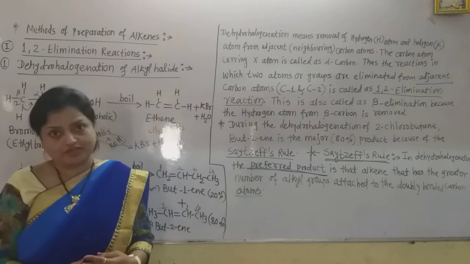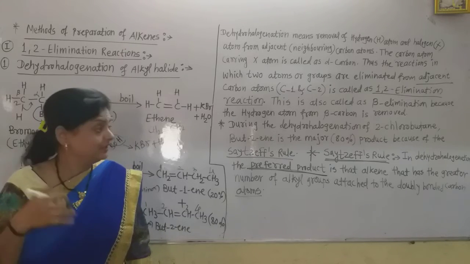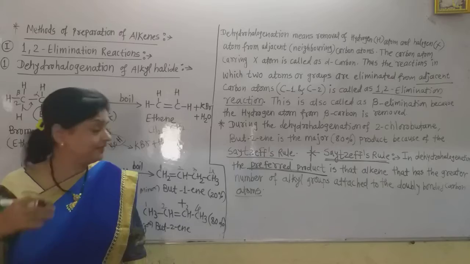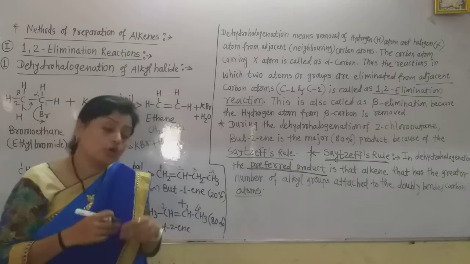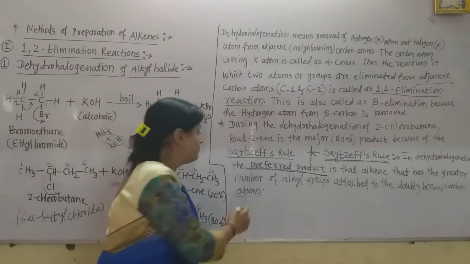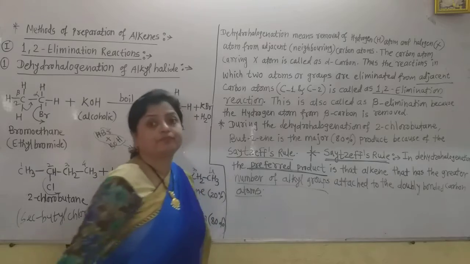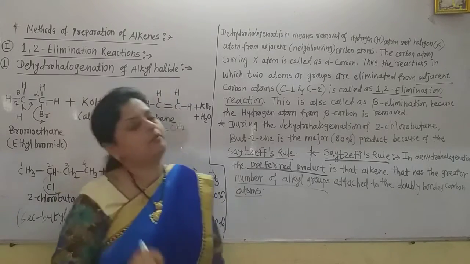That alkene is the preferred or major product which has the greater number of alkyl groups attached to the doubly bonded carbon atoms.